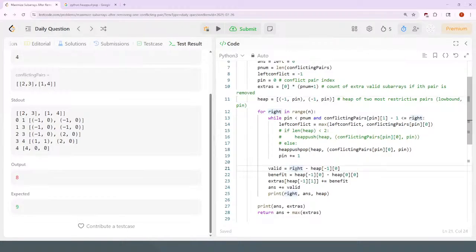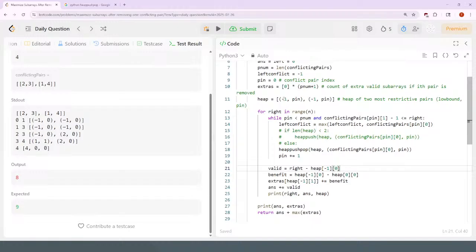So the right index is 2 here. I think that there's something off by 1 for this code. I think it should be right plus 1. Right minus c plus 1. Then that's going to change everything else off by 1.